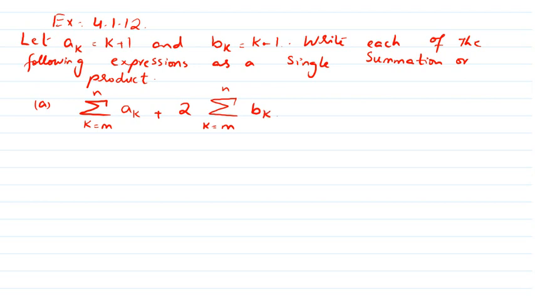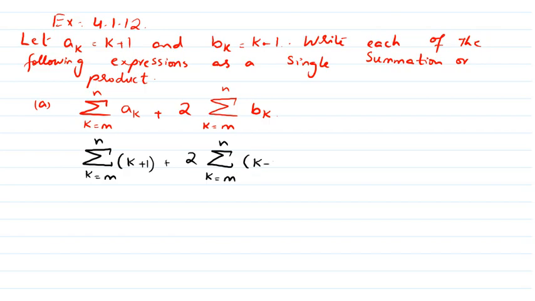Now let's solve it, right? So plugging in the values of AK and BK, I can write that this is the summation from M to N, and AK is equal to K plus 1, plus 2 times summation M till N K minus 1, right?